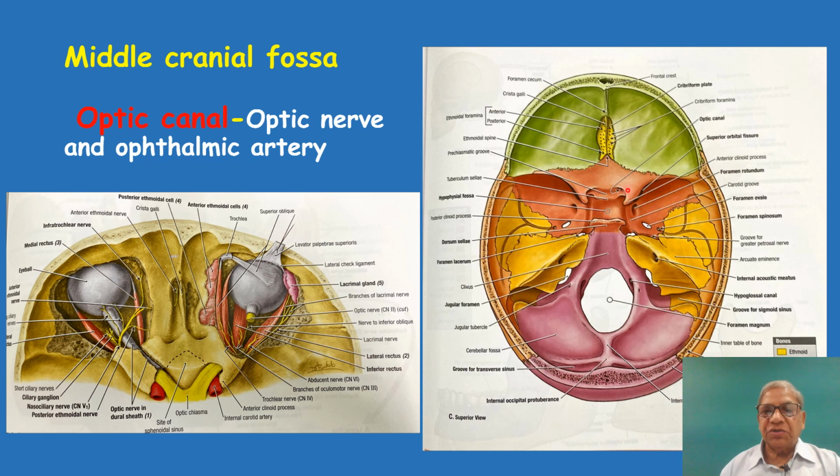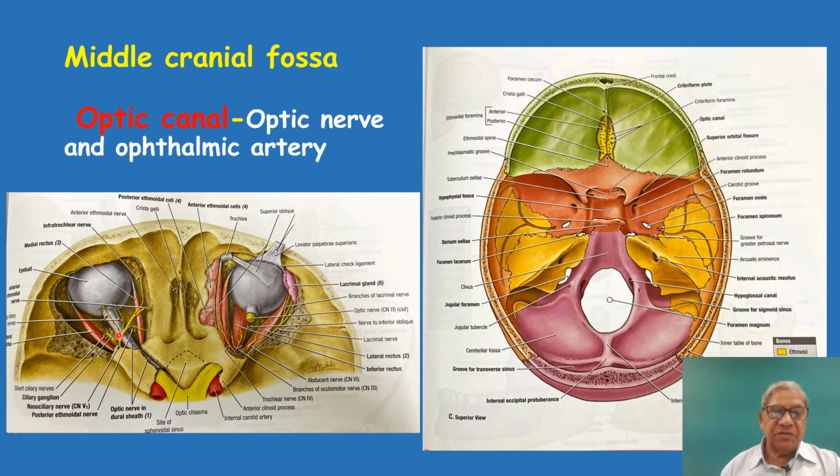Then another question will be what passes through this canal, the optic canal, which is medial and inferior to the anterior clinoid process. You can see this optic canal. You can say that through this optic canal, the optic nerve comes out after its attachment to the eyeball.